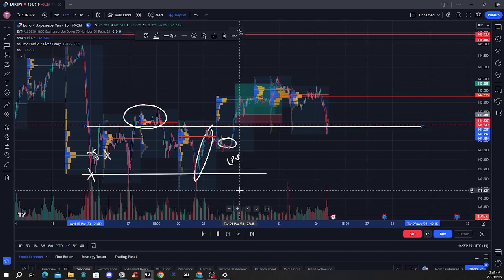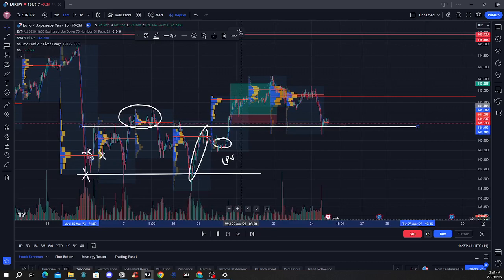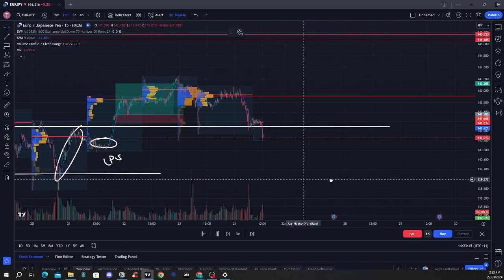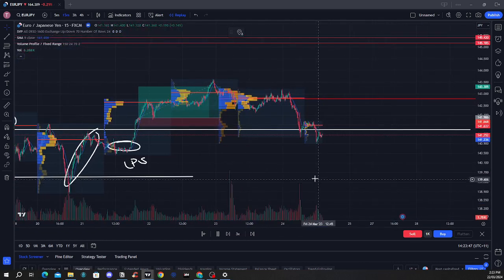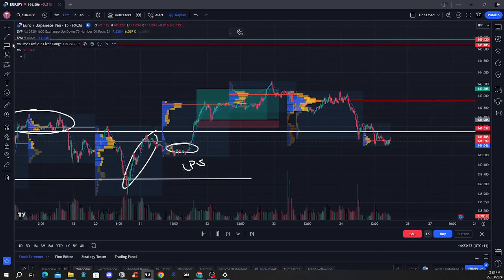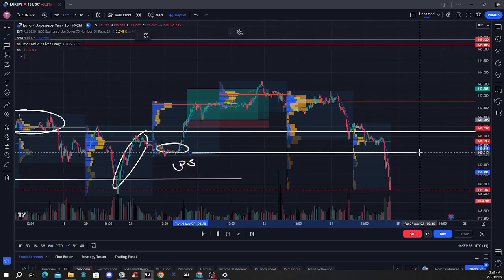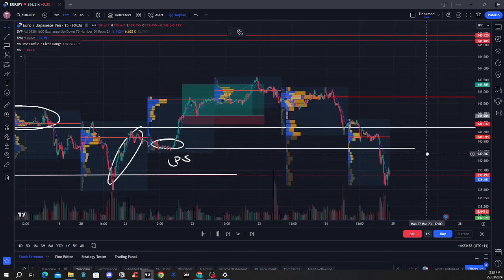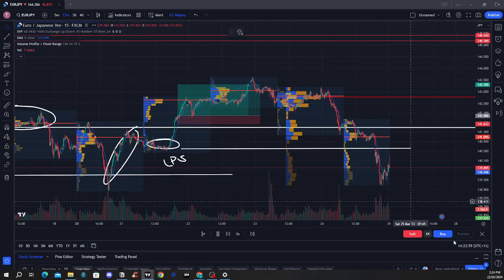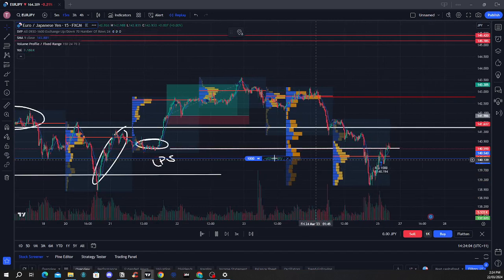And we do get a pullback. It continues down, breaks past the last point of support. We're going to buy that as a spring.